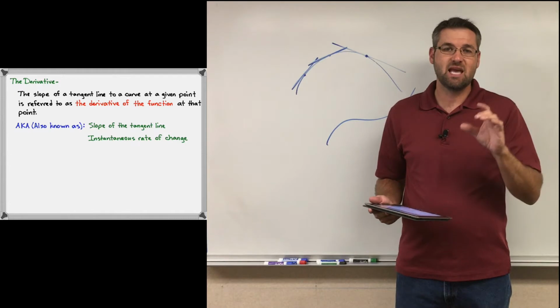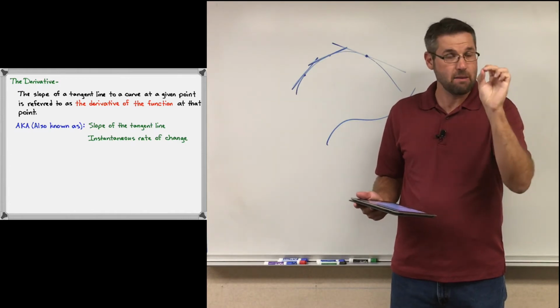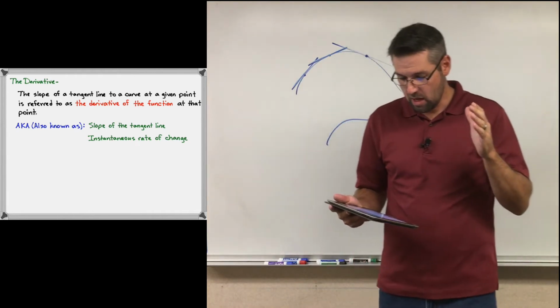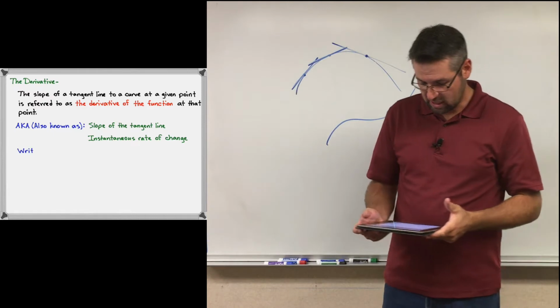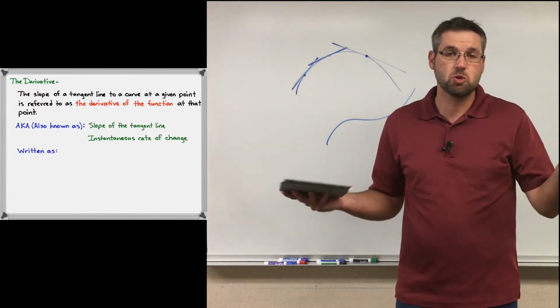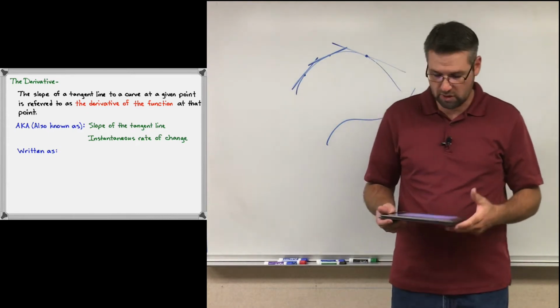Okay. If I say rate, I mean the rate or the slope at that particular point, not the average rate over a time. Okay. The slope of the tangent line, the instantaneous rate of change, are different ways of saying the derivative, but we use the term derivative to represent all of those things, and a lot of other things later on.